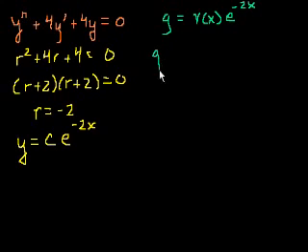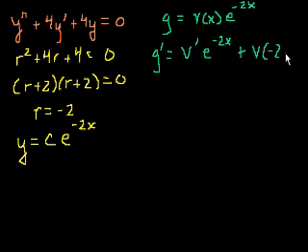So the first derivative of g is equal to, well, this is product rule. And I'll drop the v of x. We know that v is a function and not a constant. So product rule: derivative of the first, v prime times the second expression, e to the minus 2x, plus the first function times the derivative of the second, so v times minus 2 e to the minus 2x.